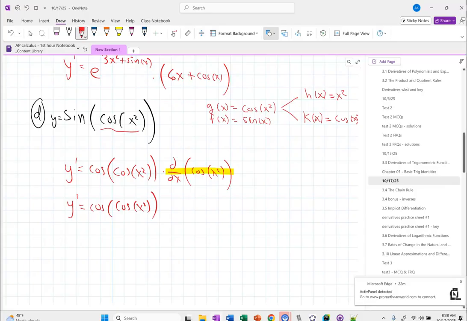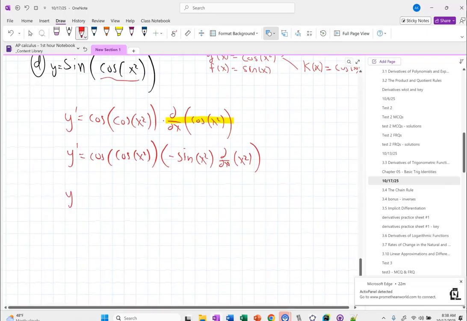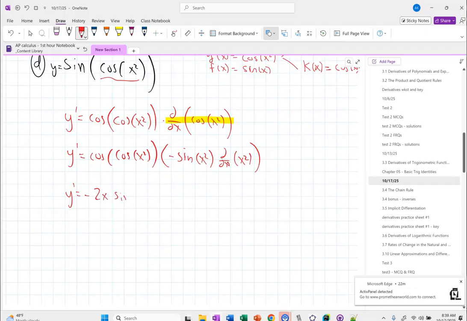Now if I look at cosine of x squared, the derivative of the outside is negative sine x squared times the derivative of the inside, which is just going to be 2x. So if I collect this all together, I have negative 2x sine x squared cosine of x squared.